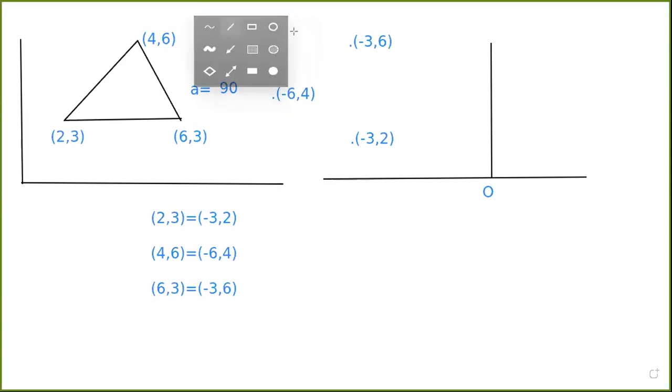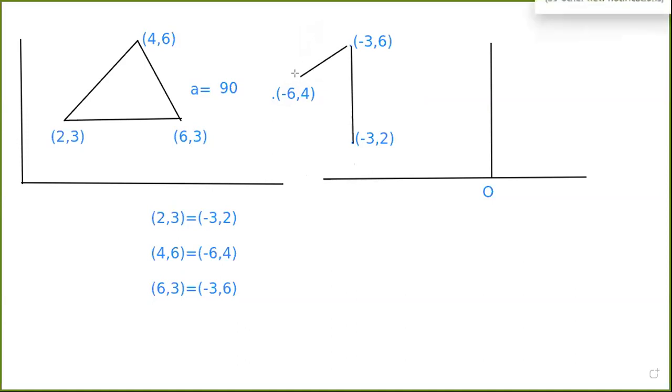Now you draw this exact line. Clear? So you can see your original position.